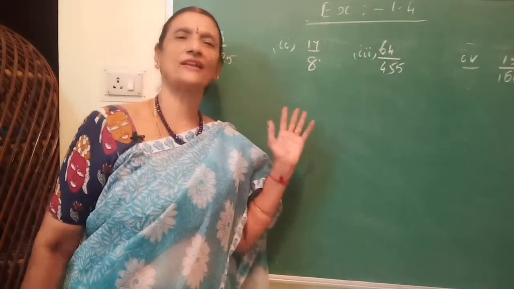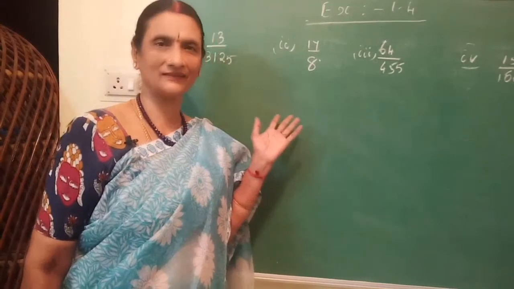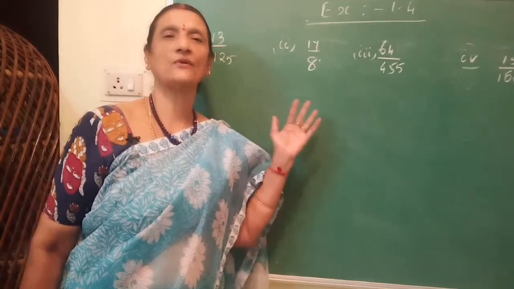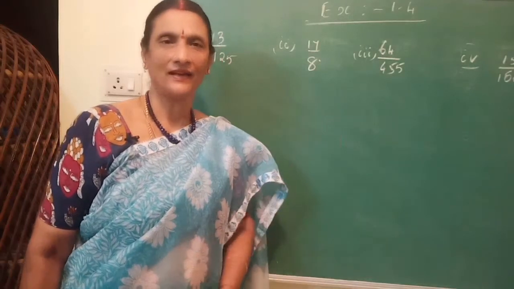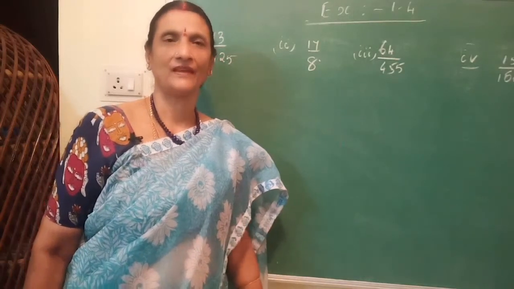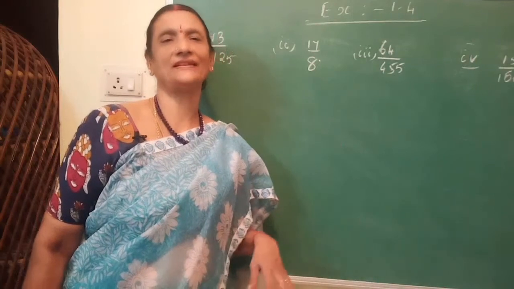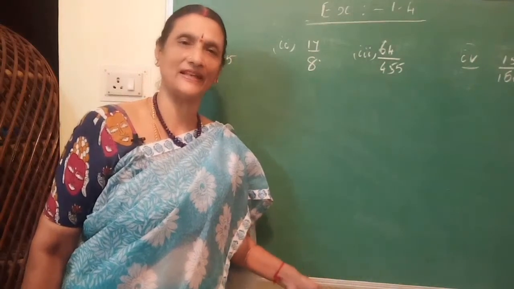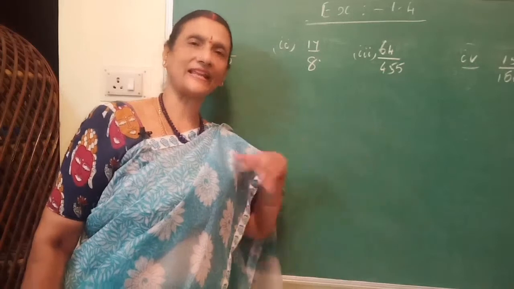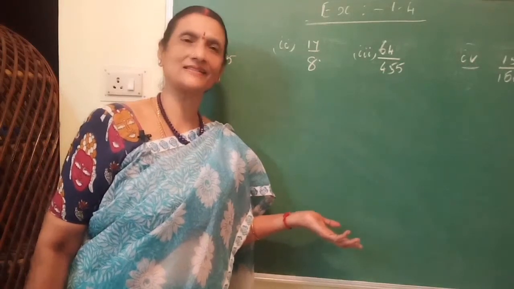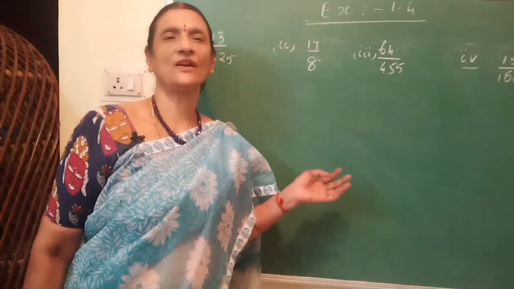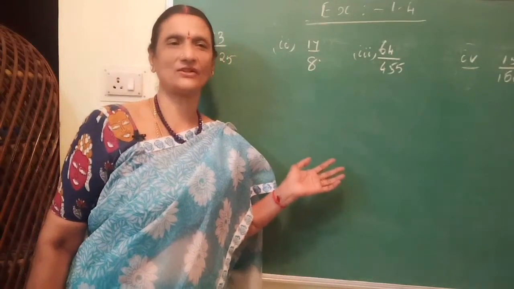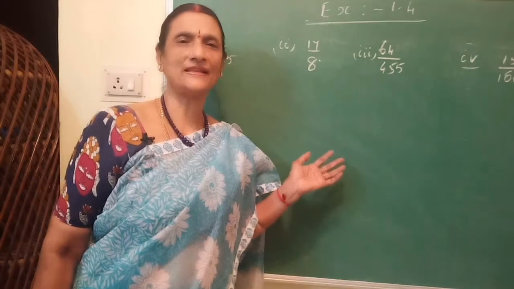Without actually dividing, we have to find out whether they will have a terminating decimal expansion or a non-terminating decimal expansion. Then the second part of the question is we have to actually divide and verify whether our results are right. So that is how the sum is given.